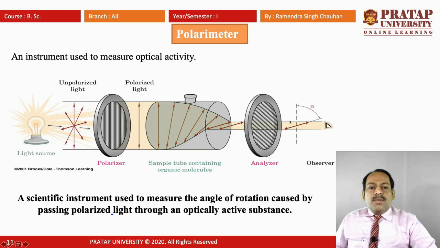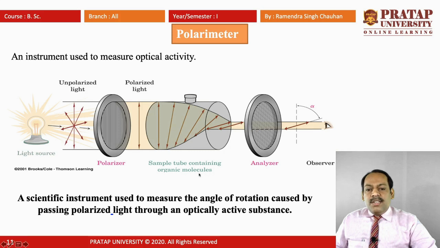The angle of rotation from the first cross position to the new cross position for the optically active substance is the angle of rotation of the plane of polarization. By using this angle, we can find S, and that gives the measure of optical activity.